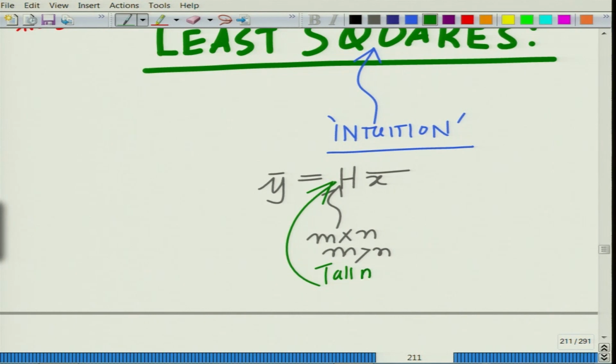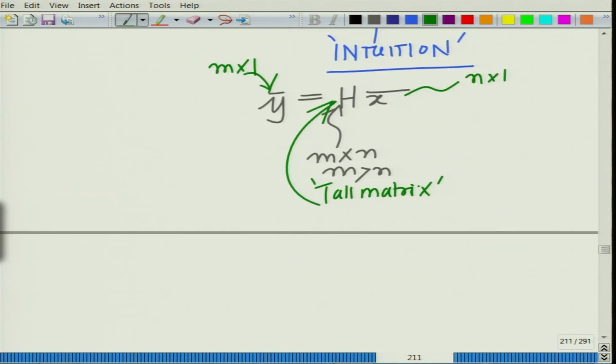The colloquial way of referring to such a matrix is a tall matrix, where the number of rows is greater than the number of columns. X bar is naturally an n cross 1 vector and y bar is an m cross 1 vector. Y bar lies in an m dimensional space, x bar lies in an n dimensional space, and the columns of H span an n dimensional subspace.